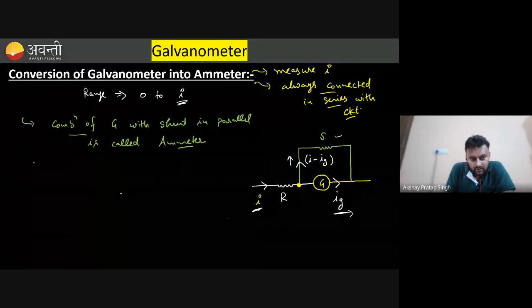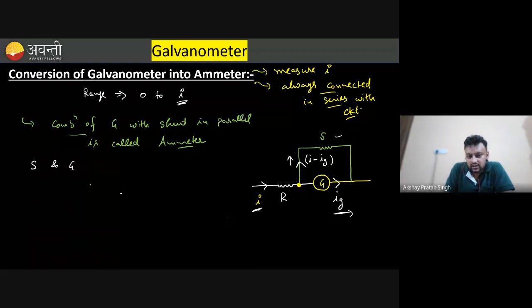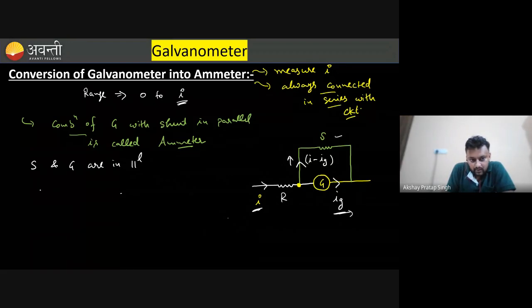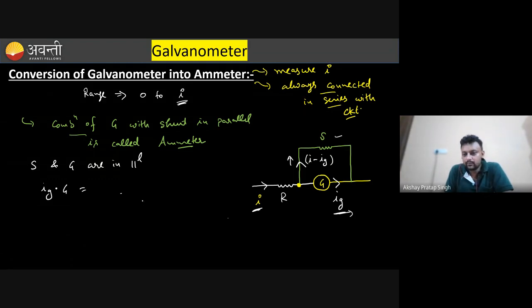So the potential across this is V equals I into R. The current in the galvanometer is IG and its resistance is G, which equals the current in the shunt branch, I minus IG, into its resistance S.